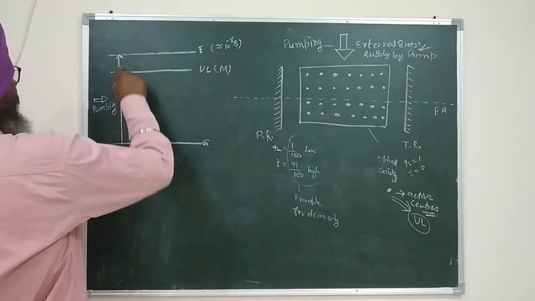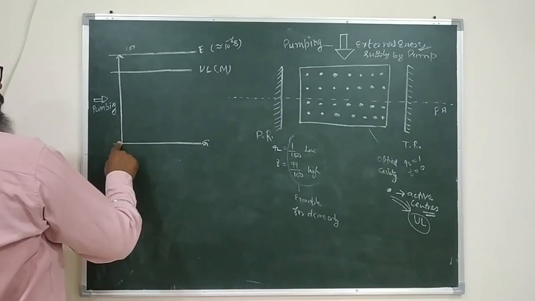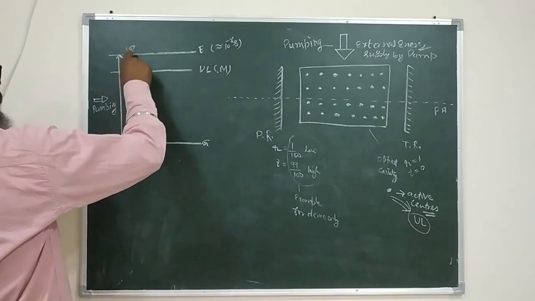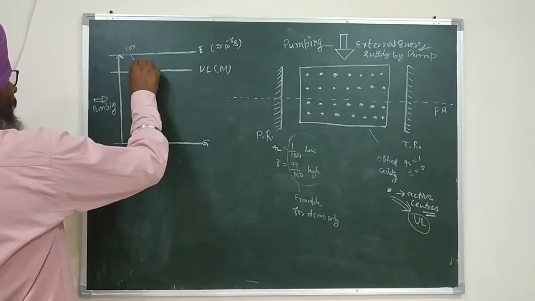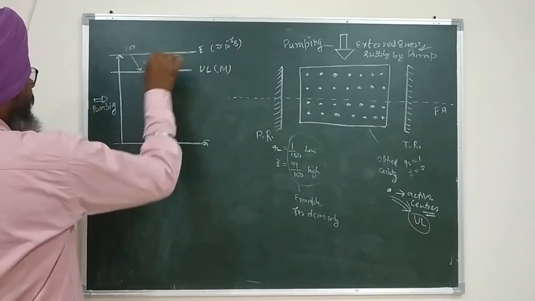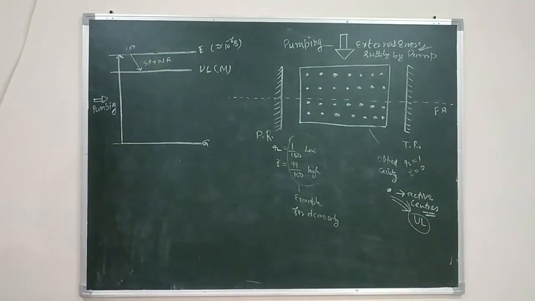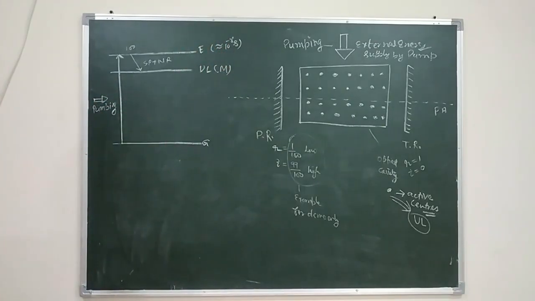So in the first cycle there will be 100 atoms. In the second cycle there should actually be 200 atoms, but out of these 200 atoms, 100 will remain here and 100 will come here because of their spontaneous or non-radiative decay. Why? Because the time has already lapsed to be 10 raised to power minus 8 seconds.